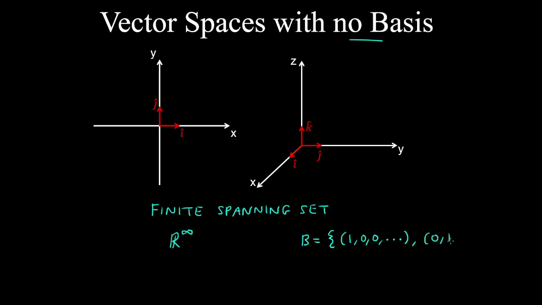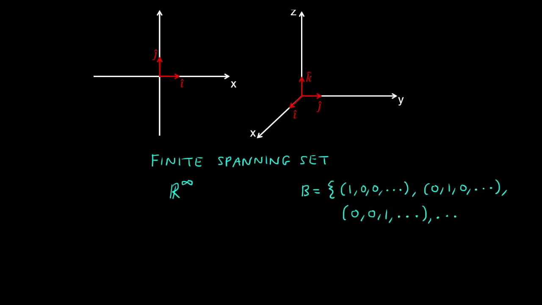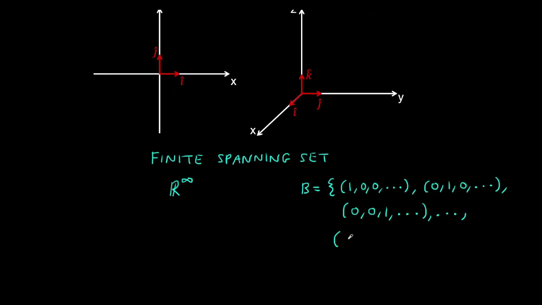And then we have 0, 1, 0, with the rest of the components being 0, and 0, 0, 1, with the rest of the components being zeros, and so on, up to some vector that has all 0 components and a single component of 1.